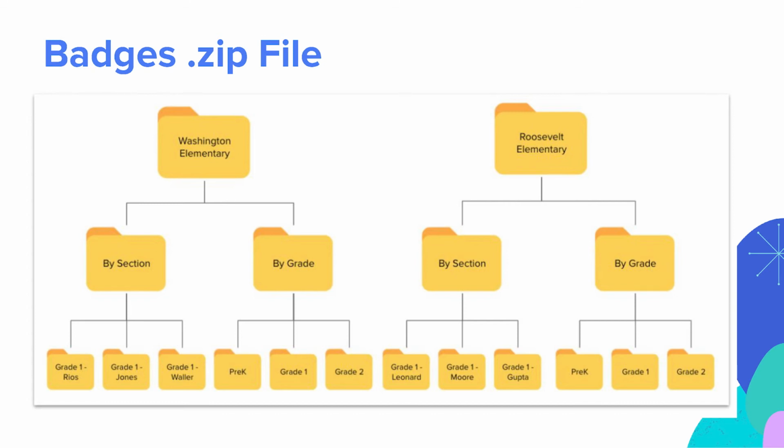In the first subfolder, you'll see badges organized by section, containing the QR code and name of each student. And in the second subfolder, you'll see badges for grade level, containing the QR code and name of each student. In both folders, you'll see the PDF file of the section's badges and individual PNG images with each student's badge.